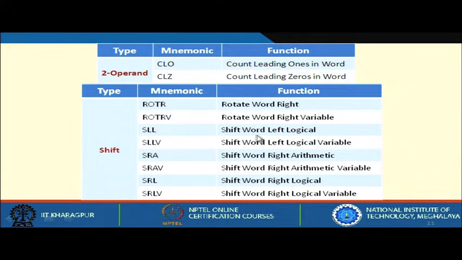We can shift a word left logical, and we can specify the variable. Similarly, we can shift a word right arithmetic, with an arithmetic right shift with some variable, and we can also do a logical right shift.